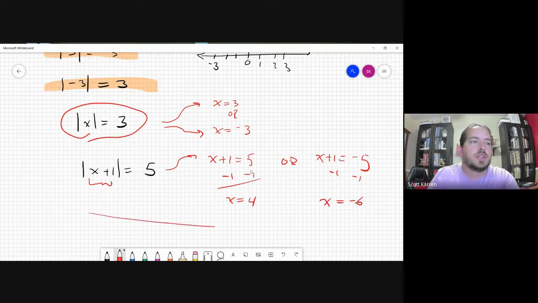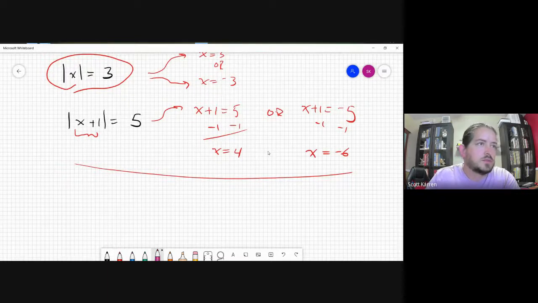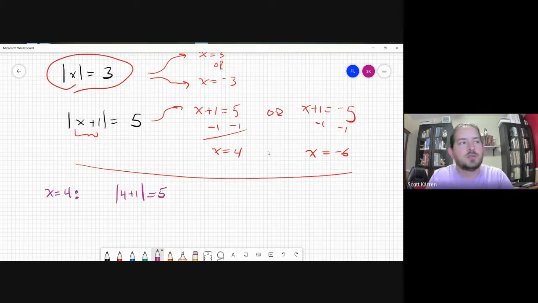And you can, of course, check these. Let's check this one. If I check x equals 4, then that's plugging 4 in for x and seeing if it's true. Well, 4 plus 1 is 5, and the absolute value of 5 is 5. So that's true. Good.